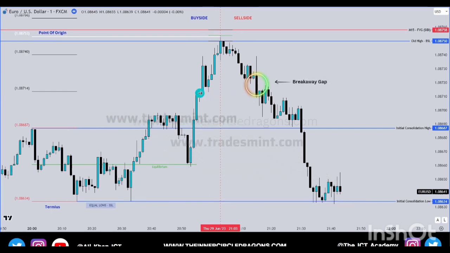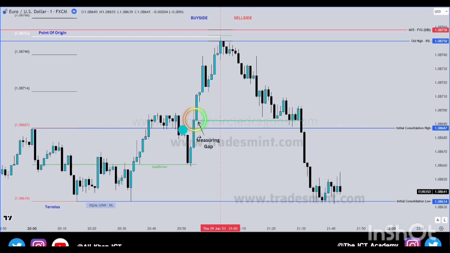After our high probability break in structure below the second stage of accumulation, we have our breakaway gap, which is only partially filled here. We have a small common gap after the breakaway gap, which is completely filled here. And then below the common gap, we have a measuring gap, which has remained open. Notice how this measuring gap on the sell side of the curve overlaps with the measuring gap on the buy side of the curve.